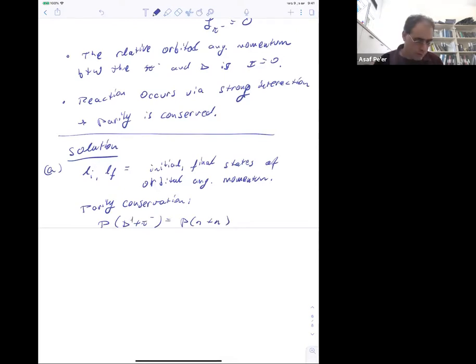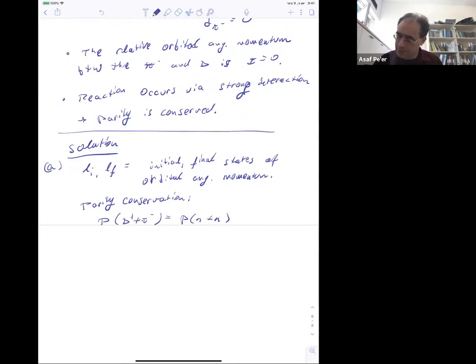Now, this parity, I said, is the intrinsic parity, so eta deuterium eta pion times (-1) to the power Li is eta neutron squared times (-1) to the power Lf.